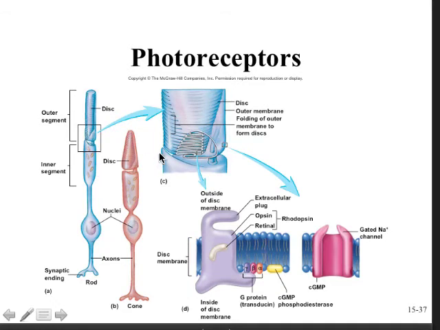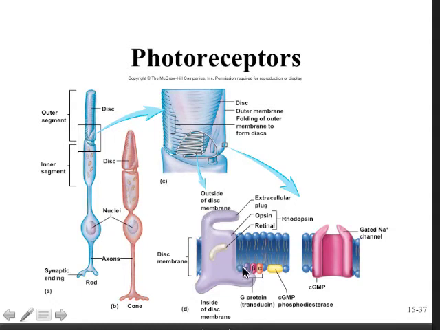And they're arranged in disc-like stacks, okay, which you can see here populating the outer membrane of these photoreceptor cells. Okay, we're zooming in here on the apical segment, and if we look at the actual membrane, what you see embedded in the membrane is the retinol and the opsin and the extracellular domain.